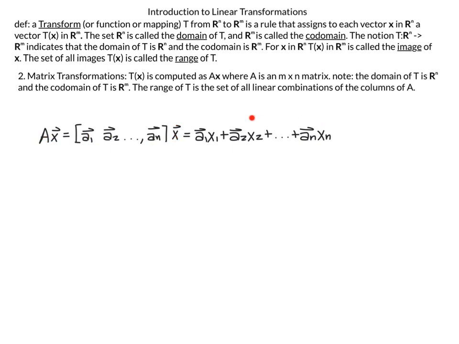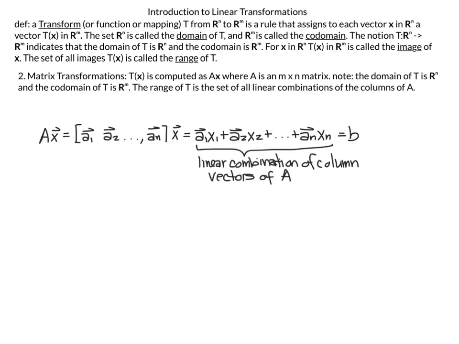In other words, we have the linear equation form of this matrix equation, and then we said that Ax is equal to b. So the linear combination of the columns of A, that's this part here, is equal to b, and that's exactly what this says. The range of T is the set of all linear combinations of the columns of A.